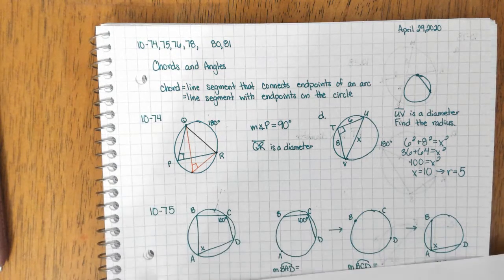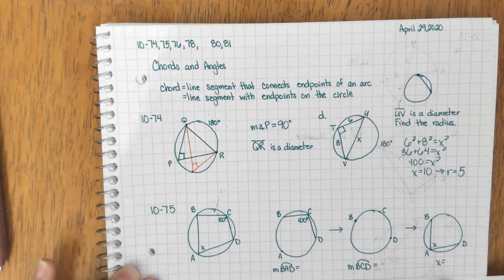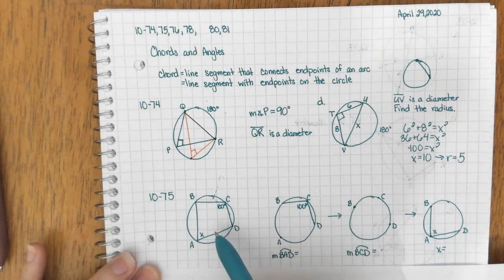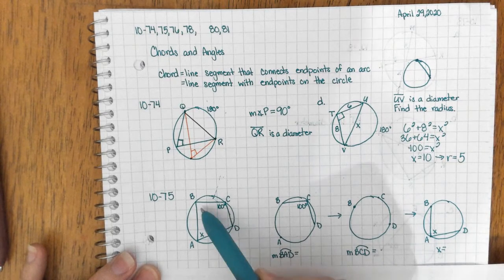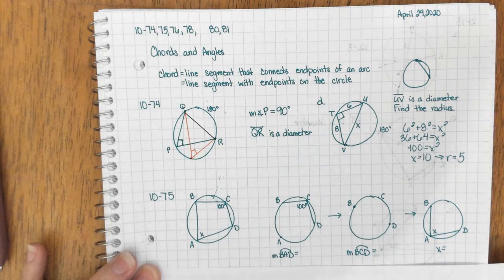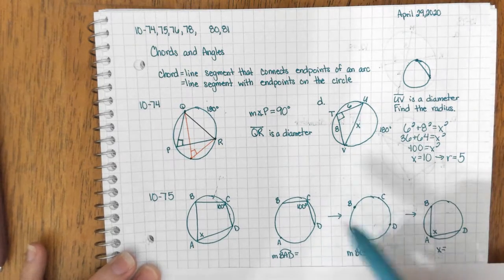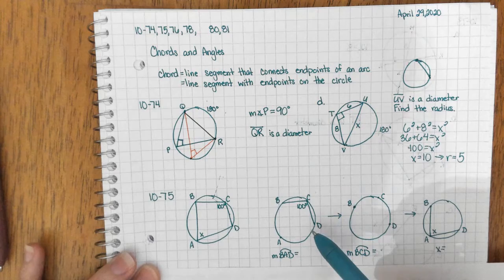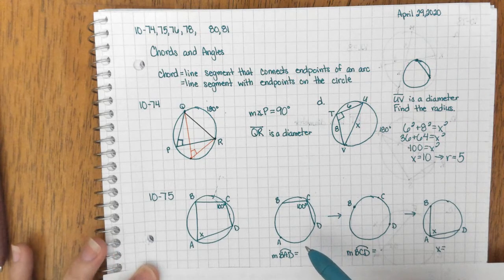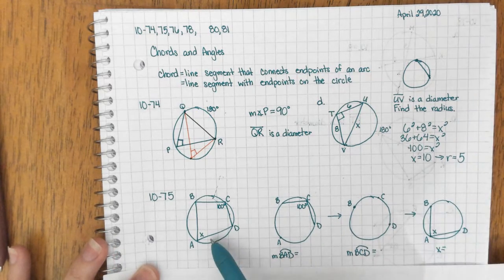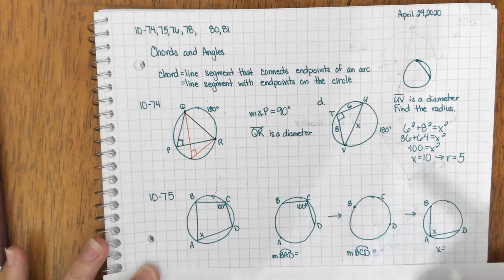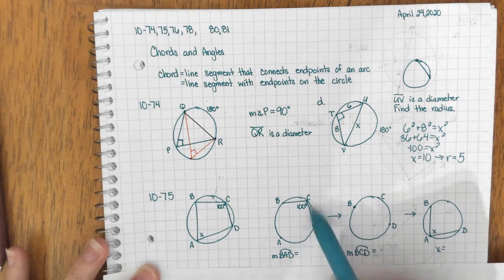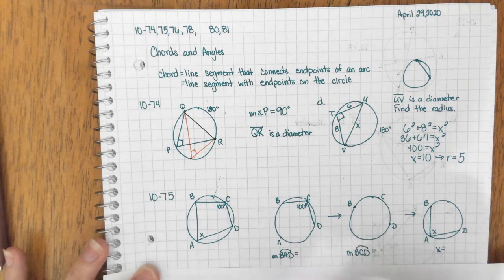Problem 75, I kind of broke it up looking ahead. So it looks like this. Angle BCD is 100 degrees, angle BAD is X, and that's what we're trying to find. There's a lot going on in this picture here, so I was trying to break it down. If I just draw this and erase those lines, angle BCD is 100 degrees, same thing.